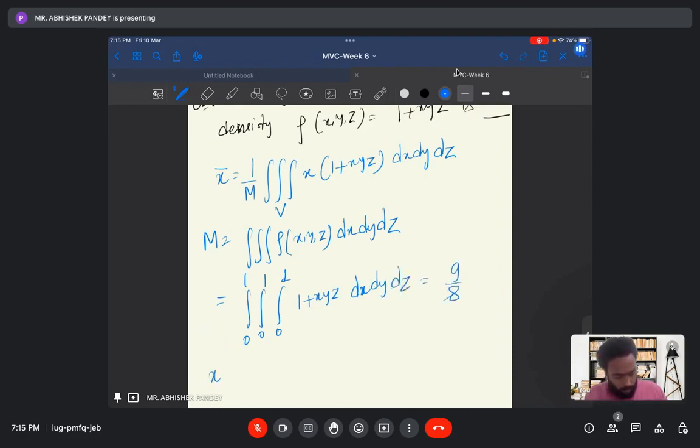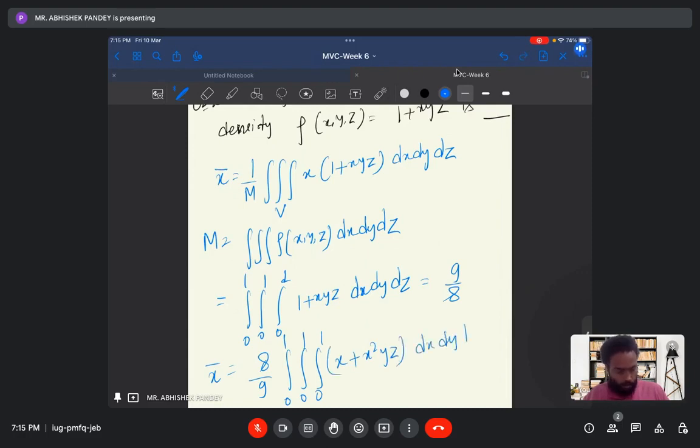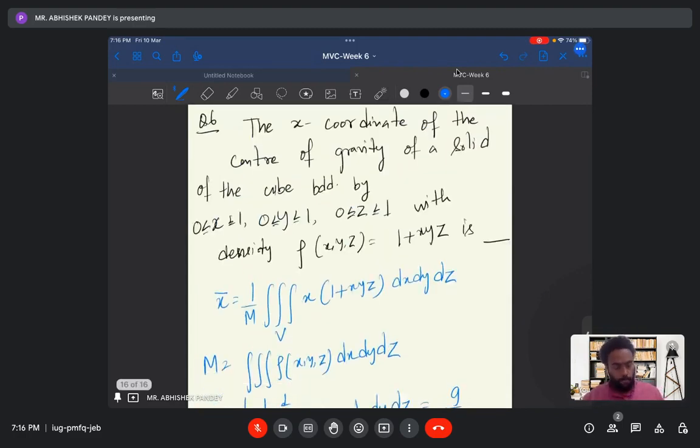So x bar is nothing but 8 by 9 times the integral over 0 to 1, 0 to 1, 0 to 1 of x plus x square y z dx dy dz, and after calculating this, you will get 14 by 27. Okay, so just based on the formula.